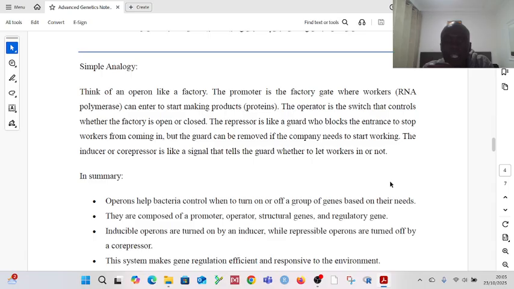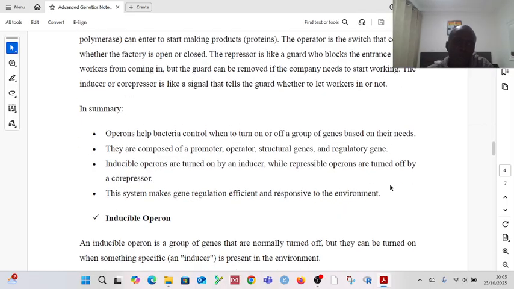So in summary, operons help bacteria to control when to turn on or off a certain group of genes, dependent on the needs of that particular bacteria.